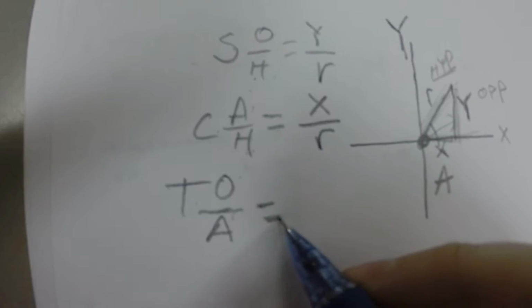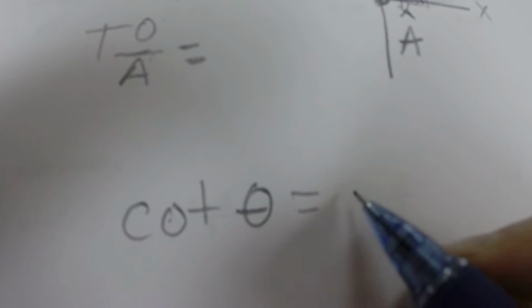The next one is cotangent theta. Now, realize that cotangent theta is not tangent. It is the reciprocal of tangent, which is just 1 over tangent.